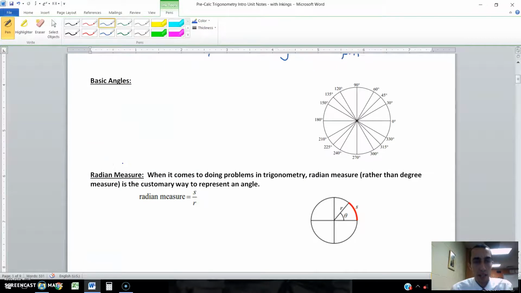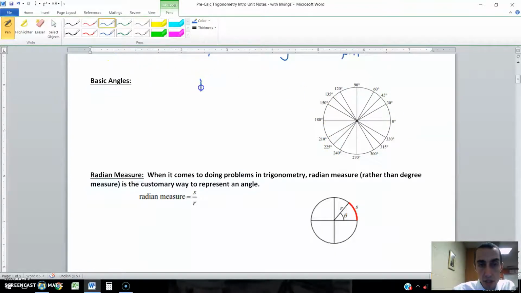Alright, next up, some basic angles. Here you see a chart that shows 16 angles on it, and those 16 angles are 16 major angles. These angles are the multiples of 30 and 45, starting at 0 degrees and going up to 360, but not including 360.